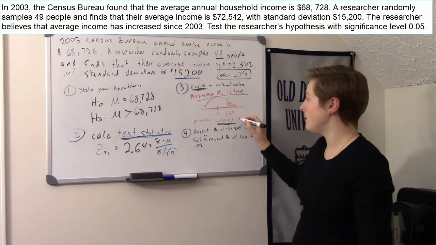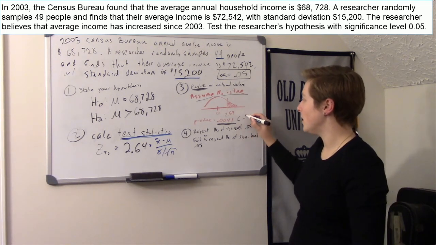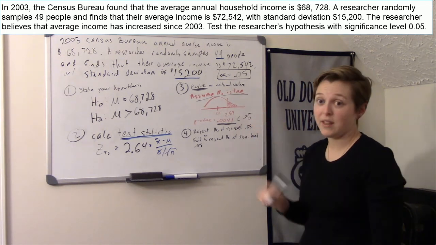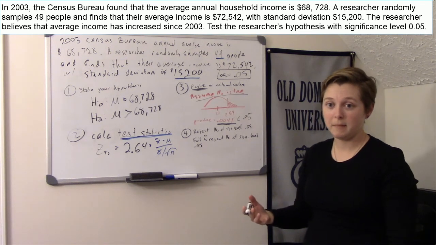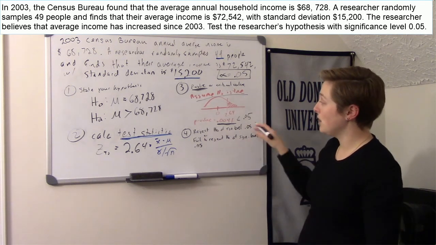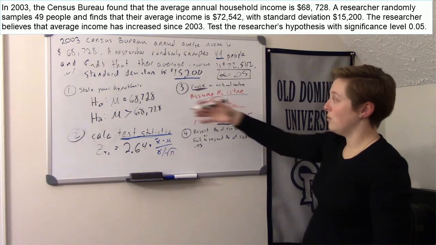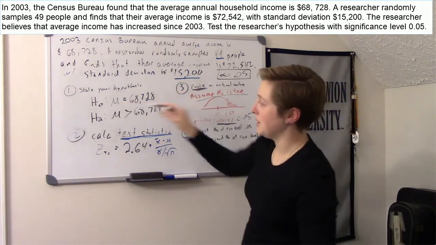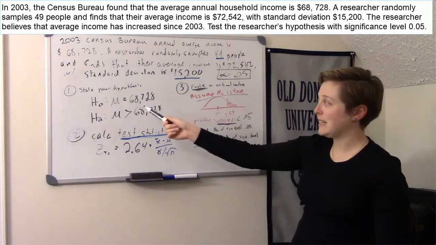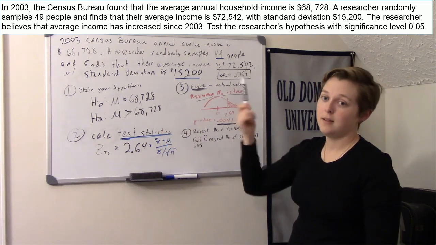Really low means less than 0.05. That's how you use the significance level. Make sense? So that means, what do you think? This is the null hypothesis, are we going to reject it? Yeah, we're going to reject it.